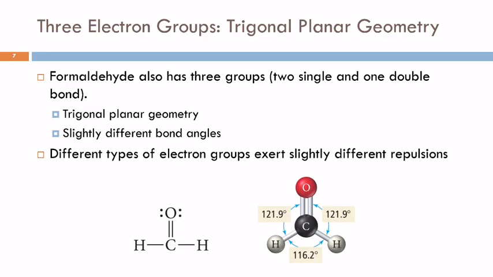There's other factors involved too, but you do not need to memorize the angles for this particular molecule. If I asked you what they were, though, you should be able to tell me that the angle between the double bond and the single bond is greater than 120, and that the angle between the two single bonds is less than 120. You don't need to know how much, okay?